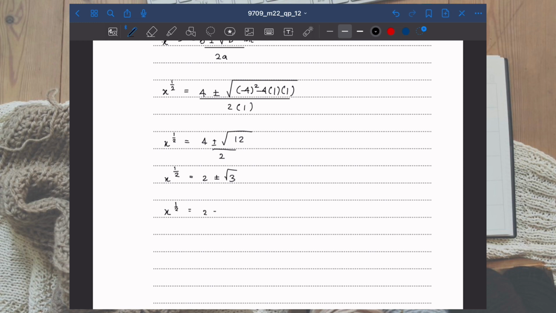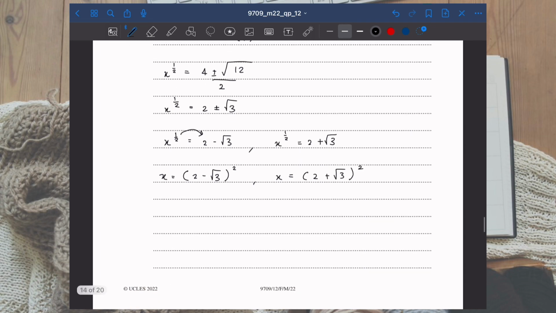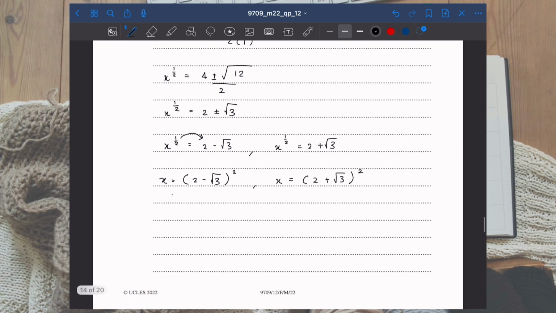2 minus root 3 or 2 plus root 3. And our x will be, when we move this power half here, you'll get 2 minus root 3 squared, or x equals 2 plus root 3 squared. So solve for this.